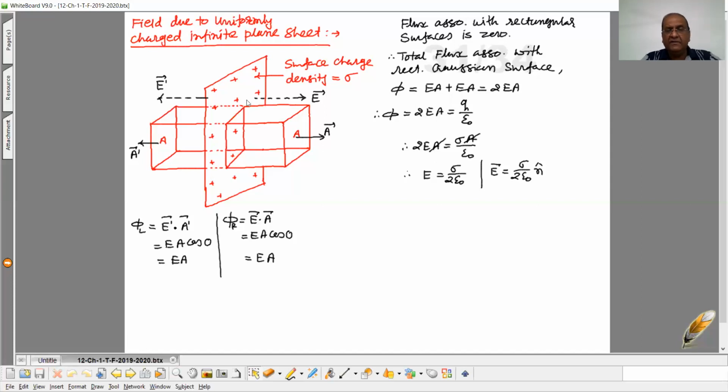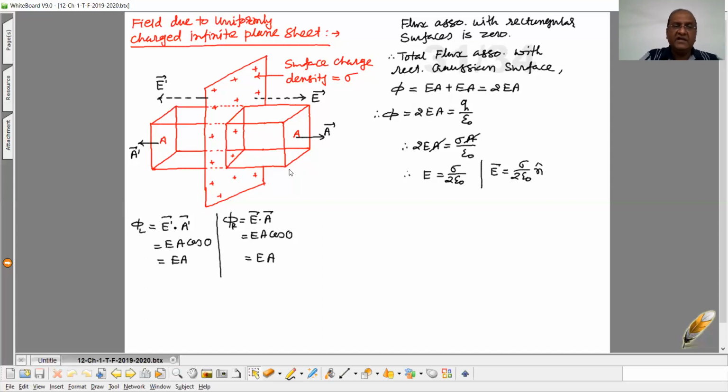So the electric field of this particular charged sheet will be perpendicular to these cross-sectional surfaces, but it will be parallel to the sides of this parallelopiped, and therefore flux passing through these sides of the parallelopiped Gaussian surface will be equal to 0.